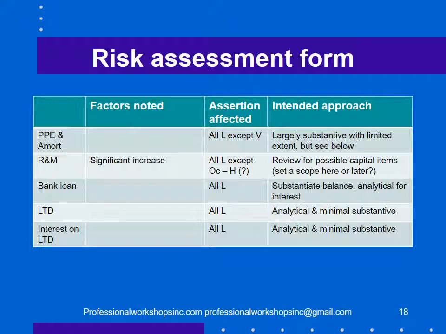Bank loan, long-term debt, interest on long-term debt, analytical maybe only, very minimal substantive procedures. It all looks right. Bank loan, we're probably going to substantiate the balance, probably be able to do that in one item, get a copy of the bank statement, for instance, and the interest looks right analytically. So do a more extensive substantive analytical test, and that should be okay.